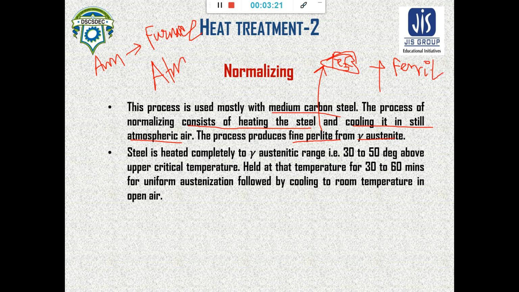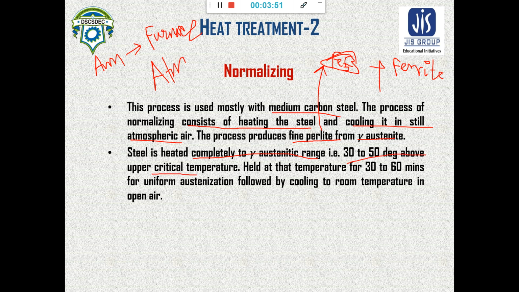By normalizing we can get this mixture in the microstructure. To get this mixture, what do we need to do? We need to heat the steel completely to the gamma austenitic range first. After reaching that temperature, we will increase the temperature 30 to 50 degrees above the upper critical temperature.